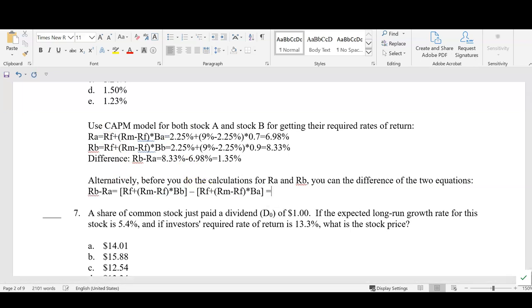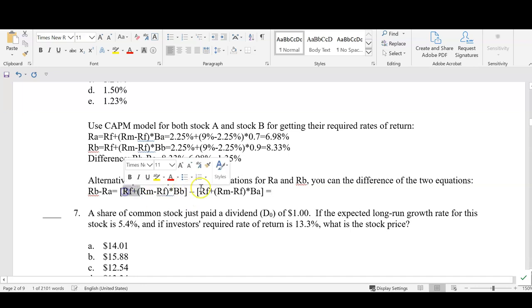And you can see that the first item in each bracket cancels out because they're both risk-free rate. So risk-free rate minus risk-free rate becomes 0. And then for the second item, RM minus RF multiplied by beta, they have a common factor, RM minus RF.